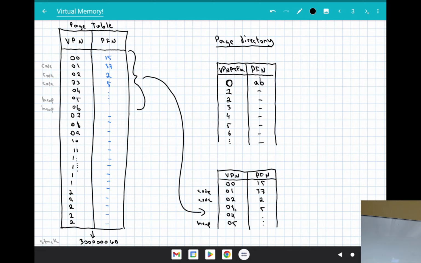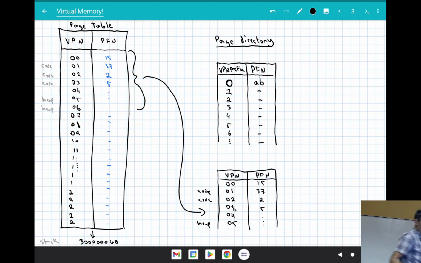And I don't need to allocate the pages that have all of the translations for the ones that start with 1 because they weren't allocated by the process. So I've taken this part of my page table here, and I've eliminated having to allocate page table entries for that because there's nothing in there that's been allocated by the process.